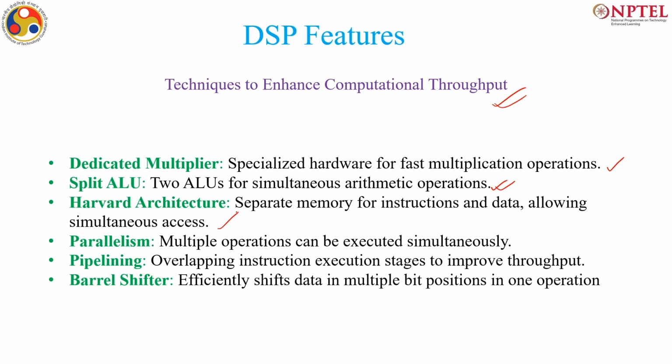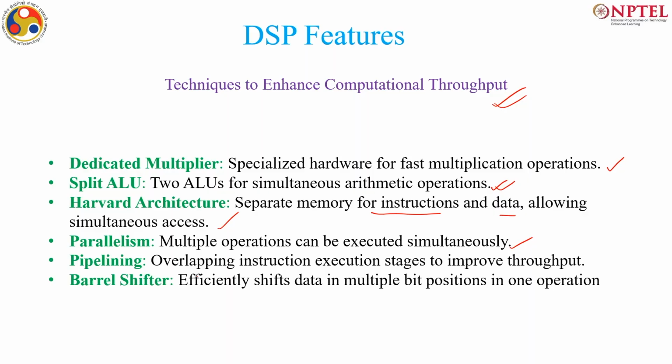Another thing is Harvard architecture, where we have the data memory and the program memory separate, so separate memory for instructions and data. And then parallelism, which means simultaneously executing multiple operations.